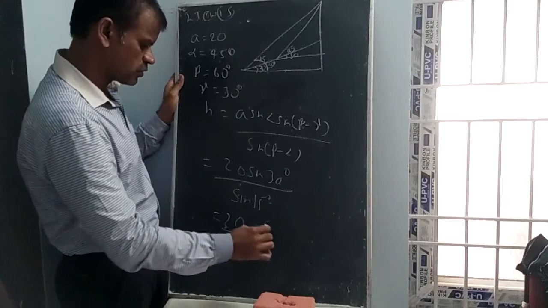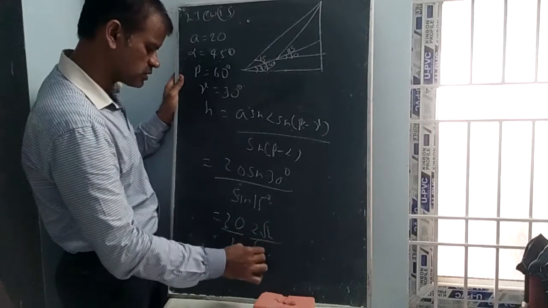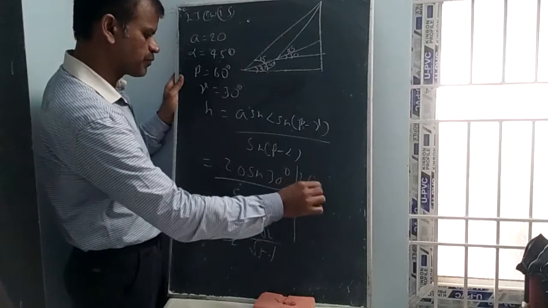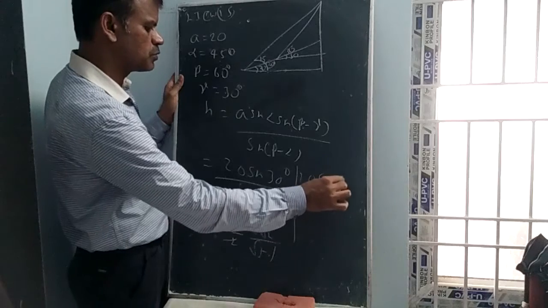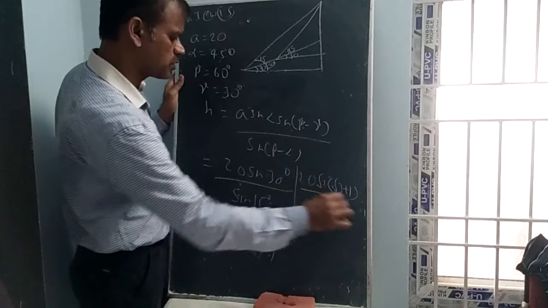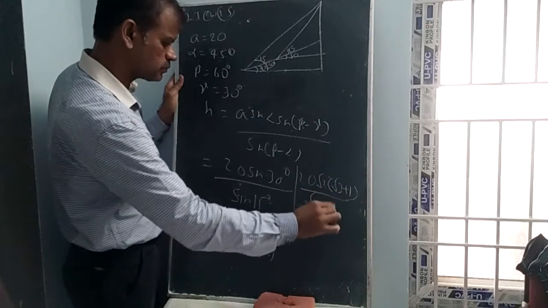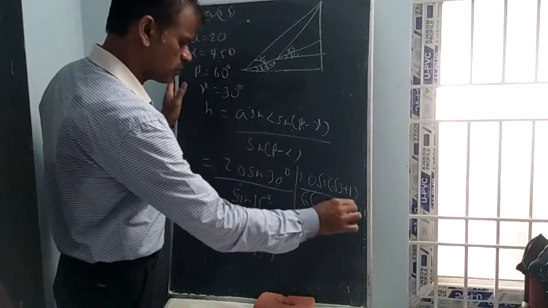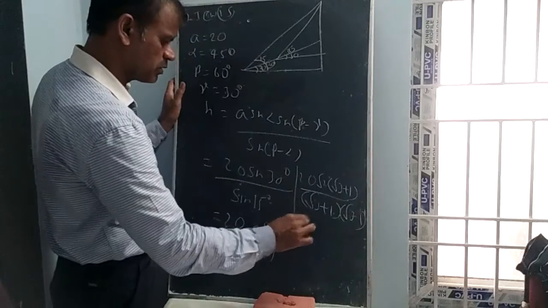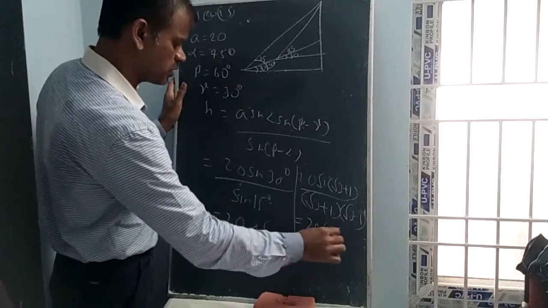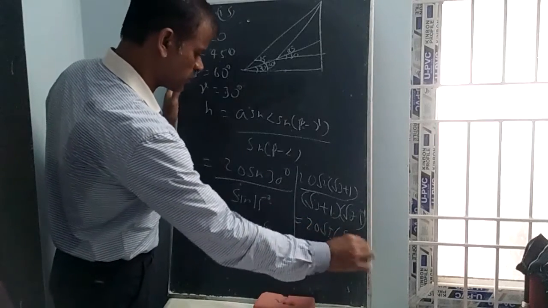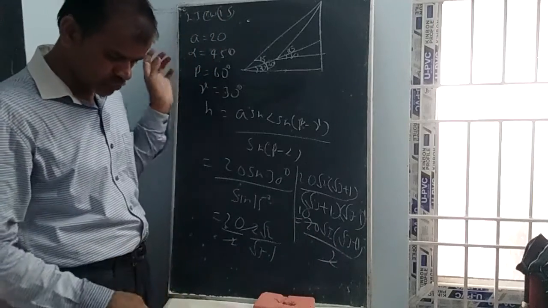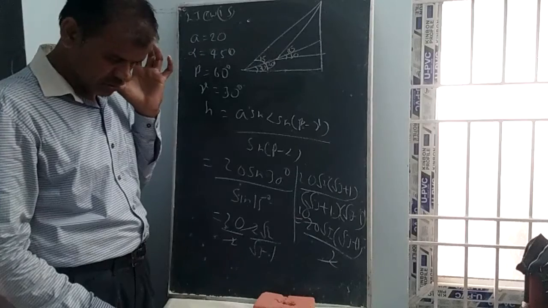So you can write 2 root 2 by root 3 minus 1. 2 gets cancelled, so 20 root 2 into root 3 plus 1 by root 3 plus 1. Taking rationalization, root 3 plus 1 into root 3 plus 1 by root 3 minus 1. Calculate now. This is 20 root 2 into root 3 plus 1 by 2. 2 tens get cancelled. 10 root 2 into root 3 plus 1 is the answer.